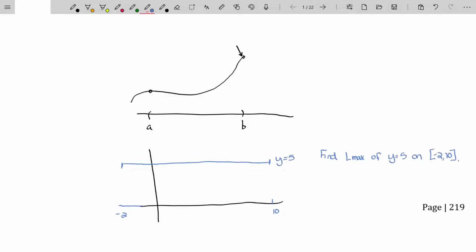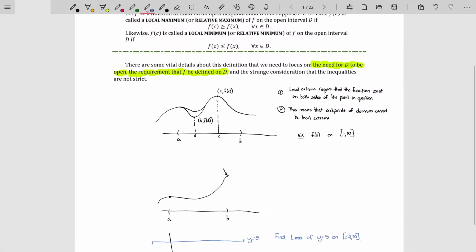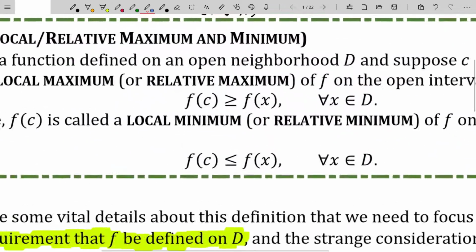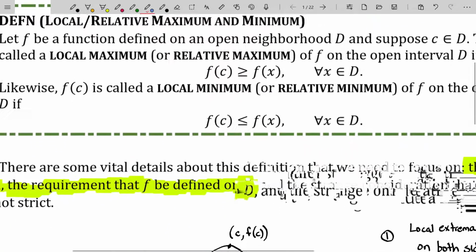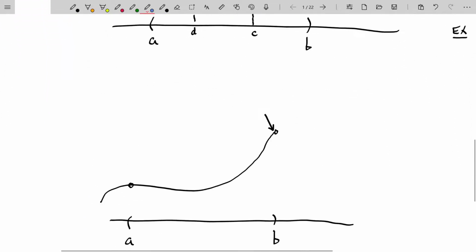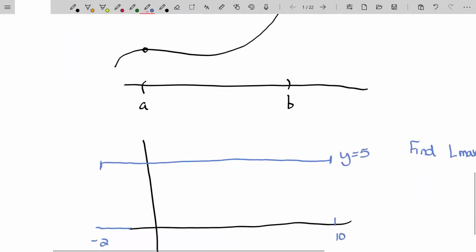Well, it turns out, by definition, if you have a local maximum at a point, then its y value is greater than or equal to all neighboring y values. Well, I hope you would agree, just scrolling down, that the y value right here at, let's say, 3 is 5.